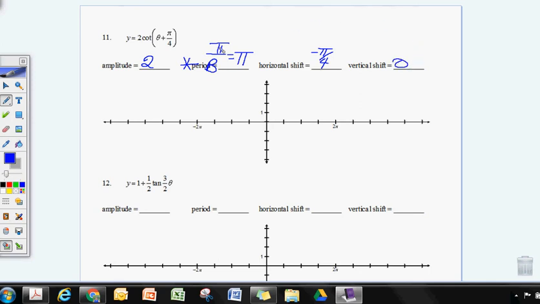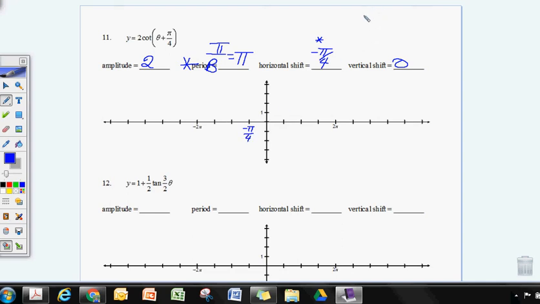Now, here's what you need to remember. Halfway around this unit circle is a cycle. So instead of 5 points, I only need 3. So my start is here at -pi over 4. So -pi over 4 is where I'm starting.